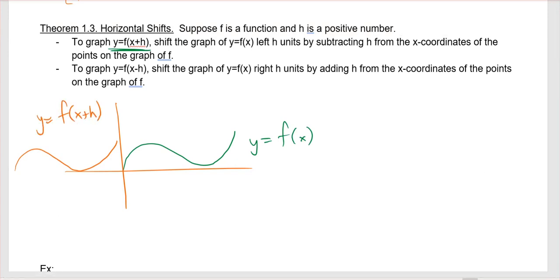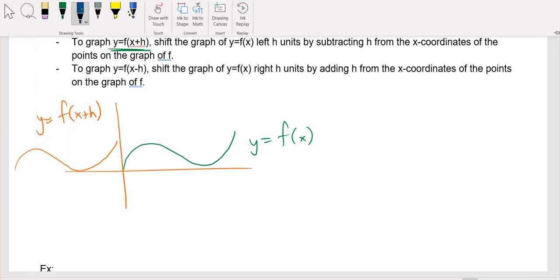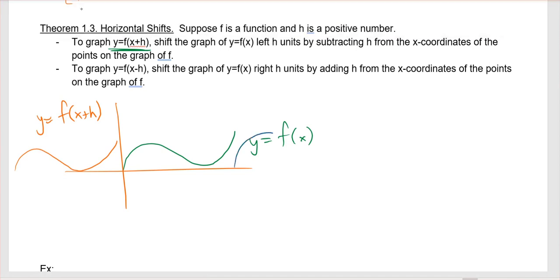If we add something, and similarly, we're going to move to the right if we subtract something positive, right? So we go like this. So if we subtract from x, we're going to move to the right. If we add to x, we're going to move to the left.